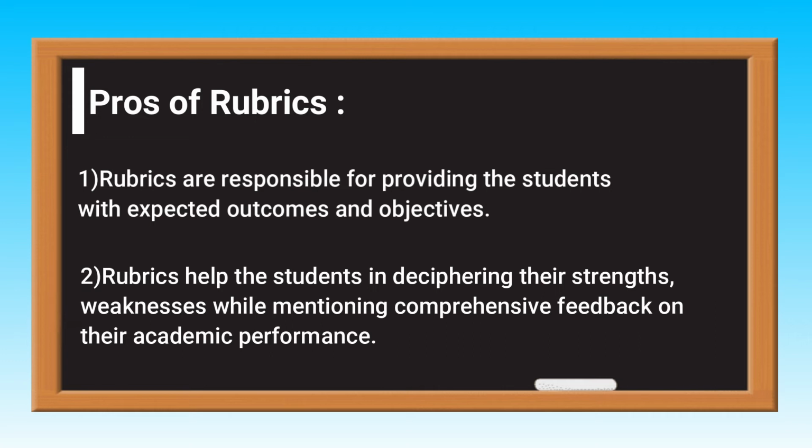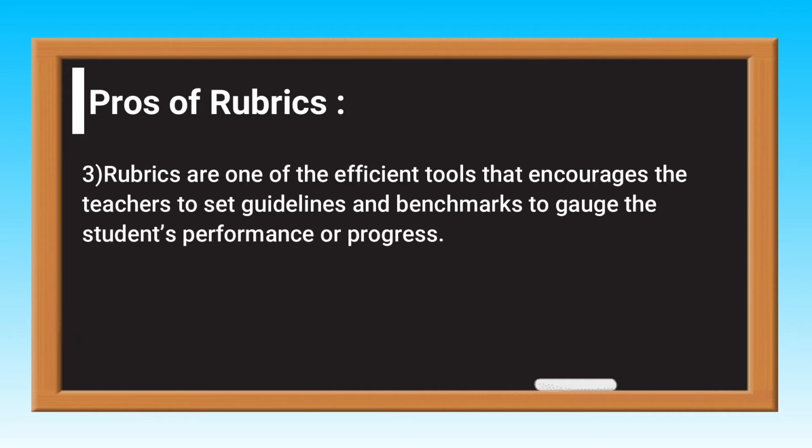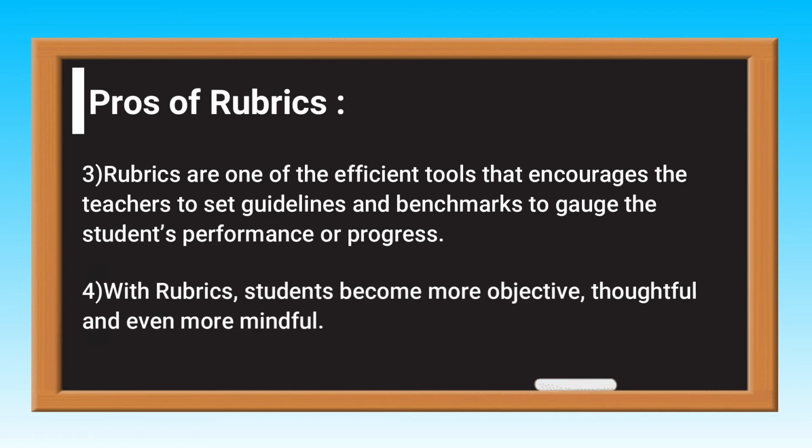With this, learners become their own teachers and judge the quality of their work accordingly. Number 3. Rubrics are one of the efficient tools that encourages the teachers to set guidelines and benchmarks to gauge the students' performance or progress. And number 4. With rubrics, students can become more objective, thoughtful, and even more mindful.